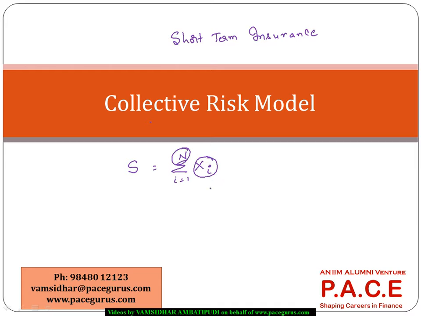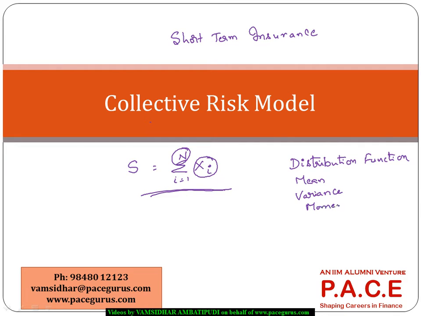So this is what we have typically thought of modeling for the short term insurance claims. Now, here we are more and more interested in finding out the distribution function of S. We would look at computing the mean, which is the average claims, the variance, the various moments for it.